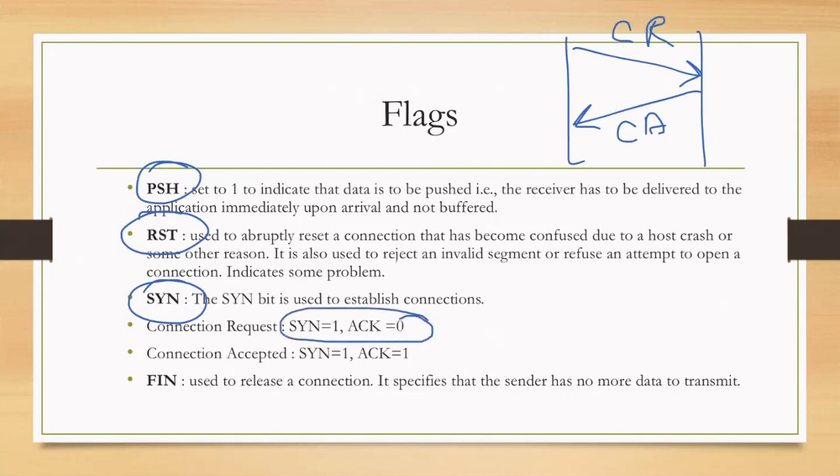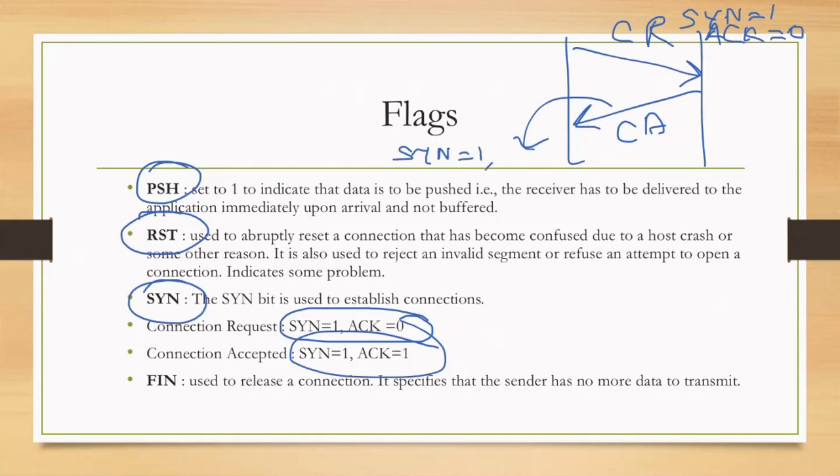If the SYN bit is 1 and acknowledgement is 0. For the connection request, there is no data, of course. The SYN bit will be set to 1, and there is definitely no acknowledgement, so ACK is 0.